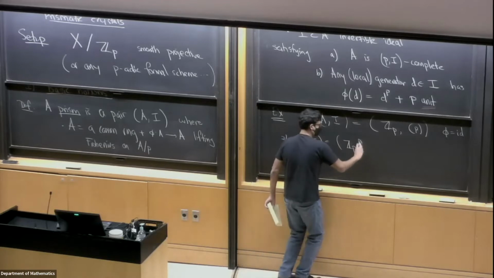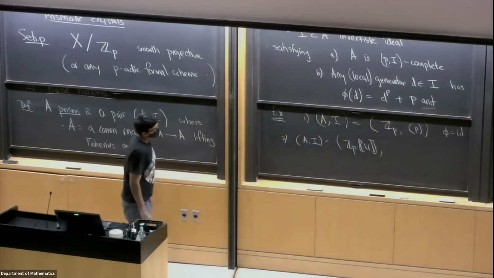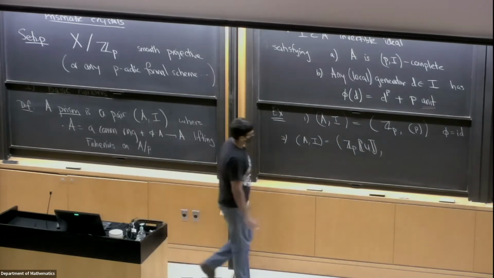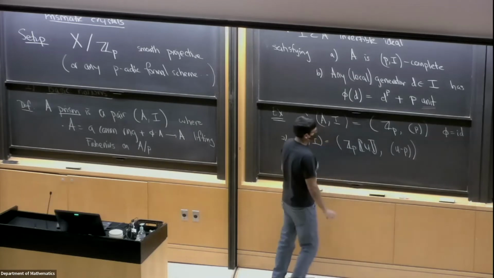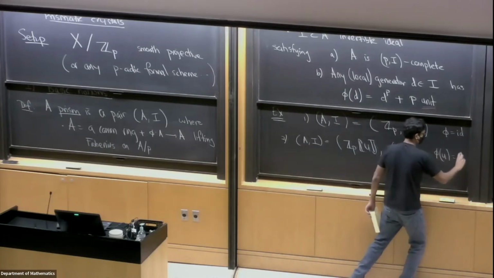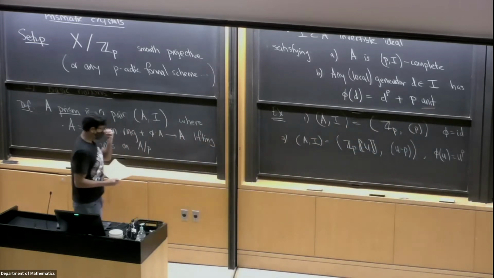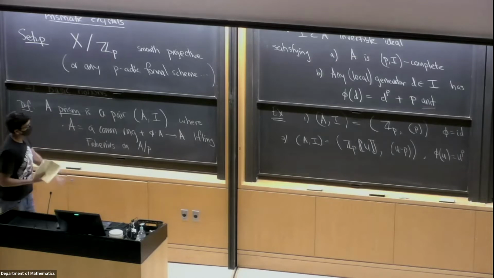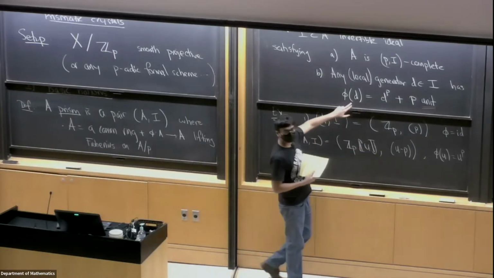So you take formal power series in a variable u over the p-adic integers, and then you look at the ideal (u minus p), with Frobenius defined by the condition that phi of u is u to the p. And so, okay, if you are bored, you can just try to prove that this satisfies this condition over here.